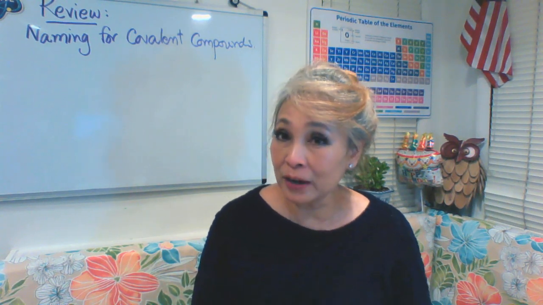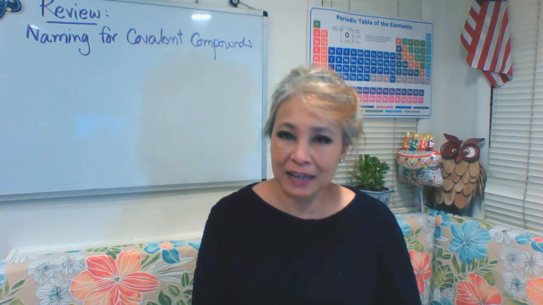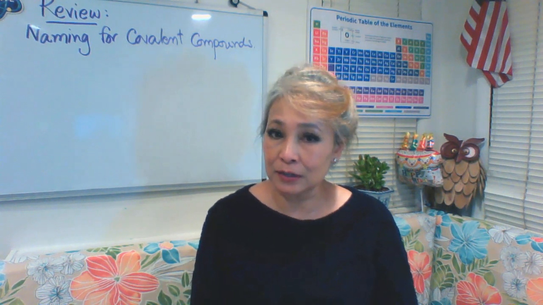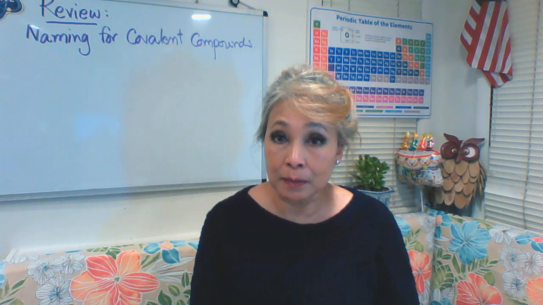Today, we're going to review only naming for covalent compounds. Covalent compounds occur between two nonmetals sharing electrons, have low melting and boiling points, and tend to be gases at room temperature. The rules for naming covalent compounds are: first, name the first element by its periodic table name.